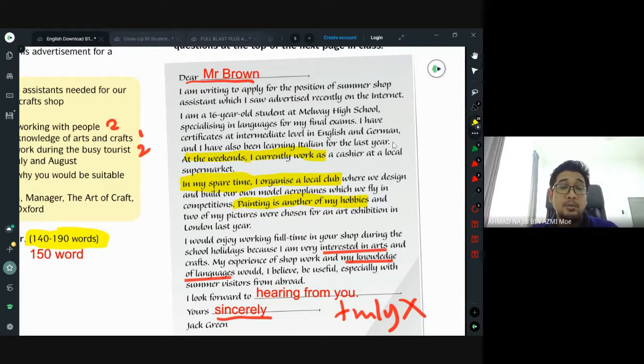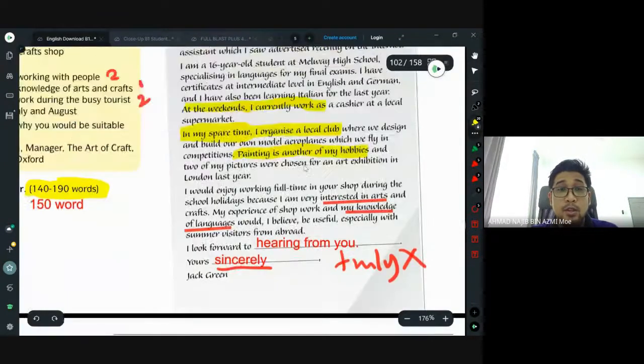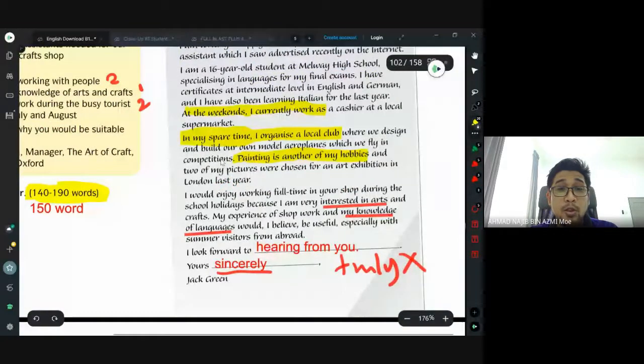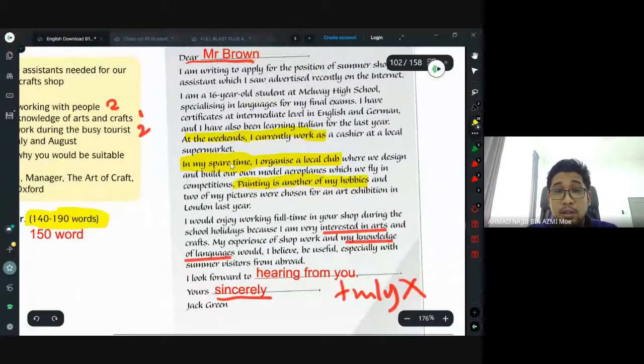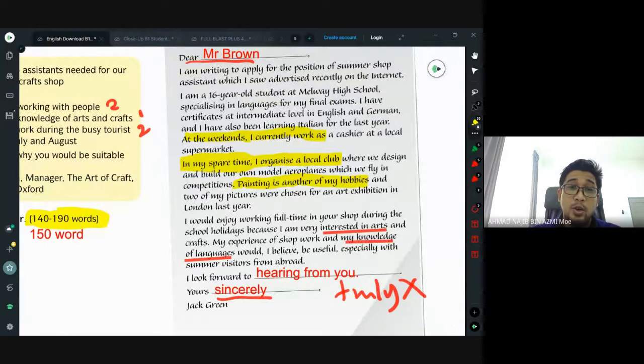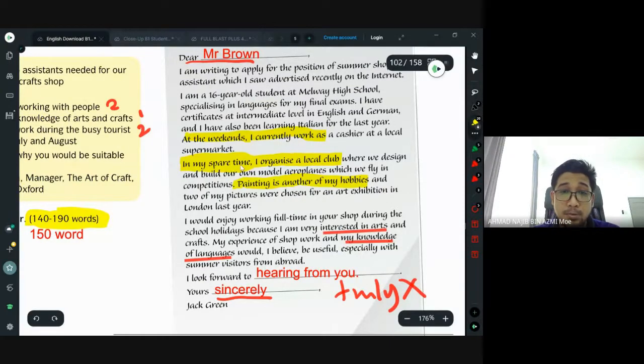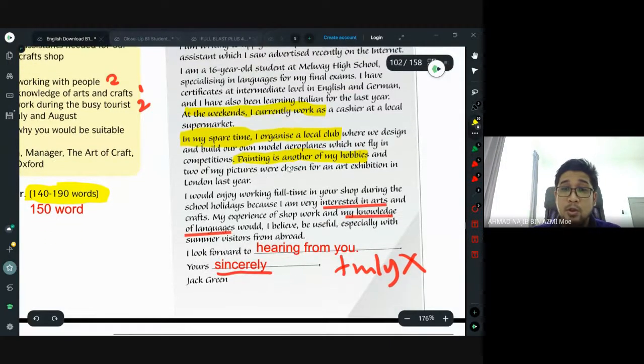But that would make your letter very boring. So, sometimes you can start with the time or the things. So for example, in here at the weekends, when do you do it? In my spare time. Or if you're talking about here like a hobby, you can state the hobby first.